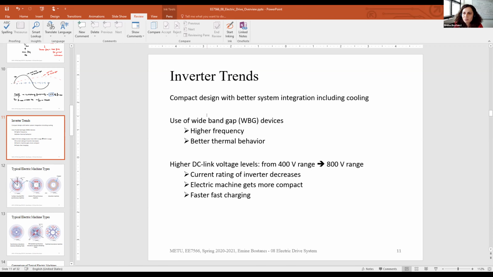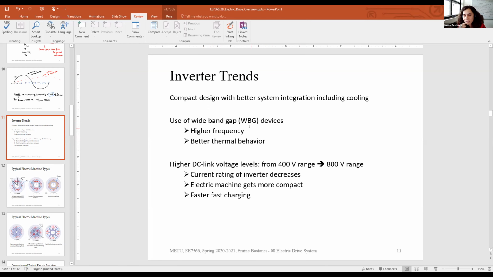Another trend is the use of wide bandgap devices, which are the GaN devices and also silicon carbide devices. The wide bandgap devices can give us two possibilities. The first one is higher frequency. They can turn on and turn off faster than the silicon-based IGBTs.